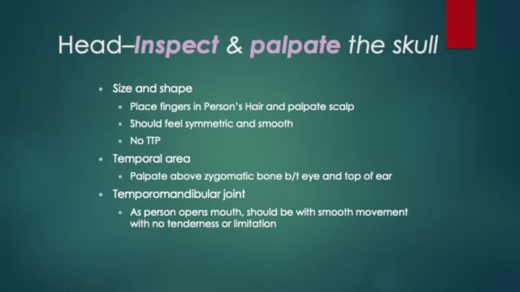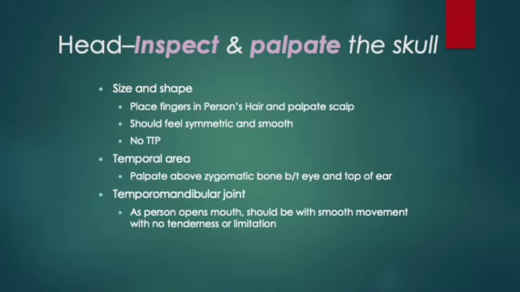And the temporomandibular joint, or the TMJ, this is an area, again, right, there's a divot right in front of the tragus of your ear, and as the person opens their mouth, you should be able to feel smooth movement. There shouldn't be any tenderness or limitation in opening the mouth.